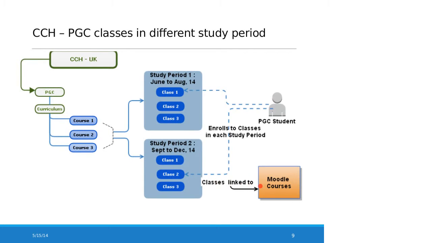As I said, classes are tied to the Moodle courses. They give around 1 year where students can complete their courses, taking any of them during this year in different study periods. That's the layout CCH was looking for, and Cobalt LMS offered its structure to that.